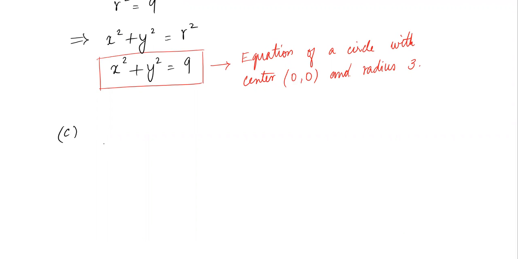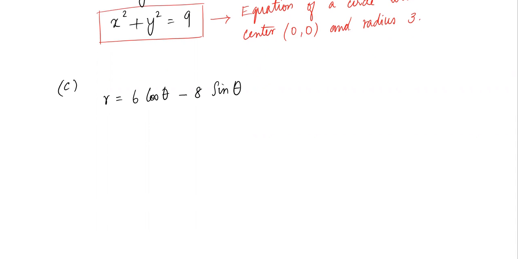Let's see an equation that involves both r and theta. r equals 6 cosine theta minus 8 sine theta. Once again, we're going to multiply both sides by r.